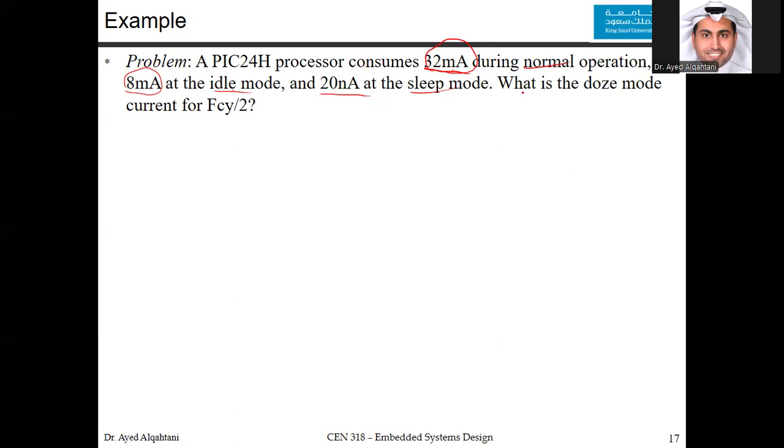You were asked to find what is the doze mode current if you have the FCY divided by 2. It's very important to find the value of n. Now the value of n is equal to 2. And then you just calculate based on the equation.